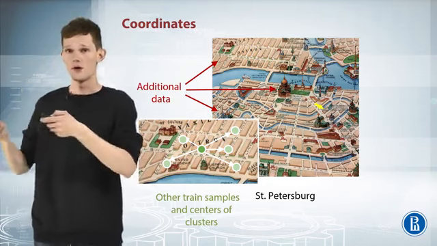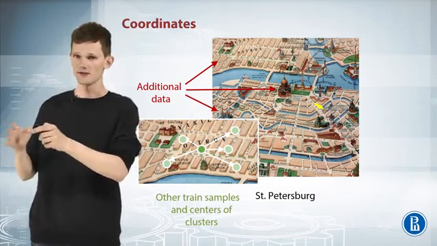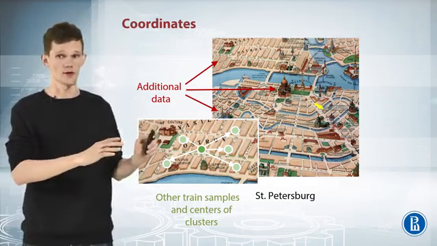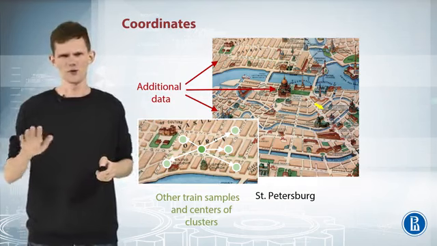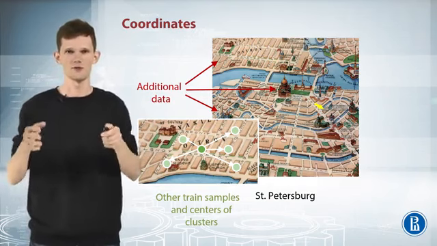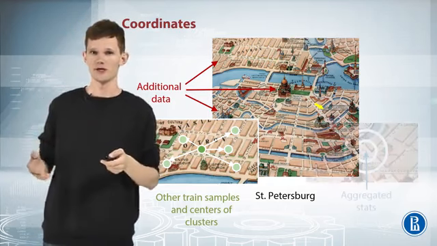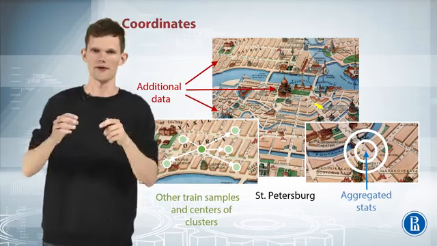Or you can organize your data points into clusters, and then use centers of clusters as such important points. Or again, another way, you can find some special areas, like the area with very old buildings, and add distance to this one.